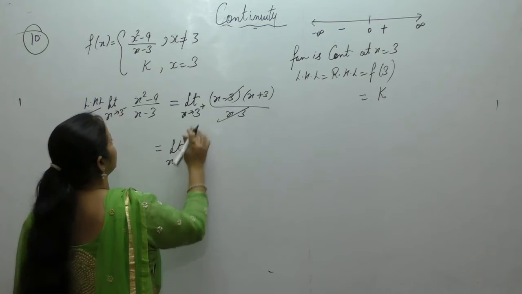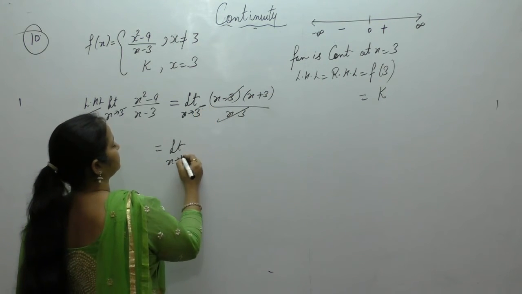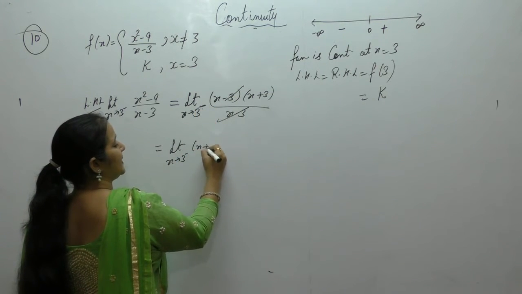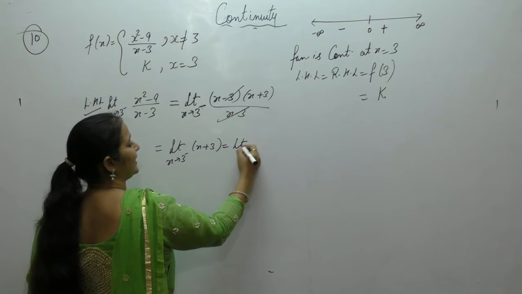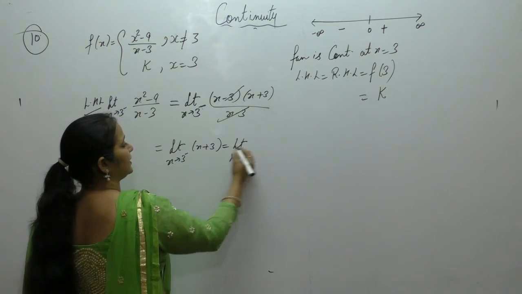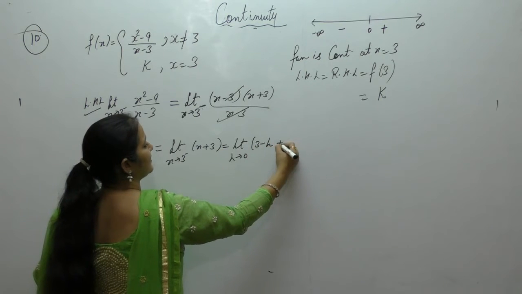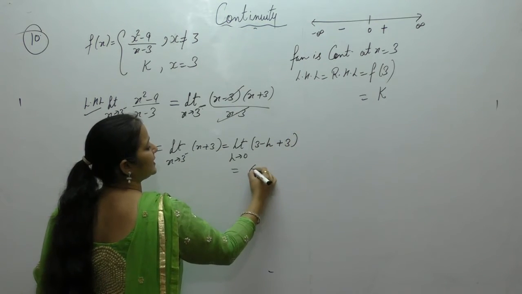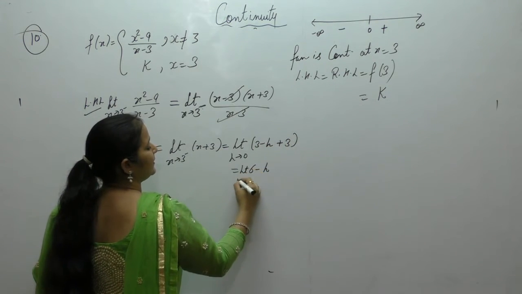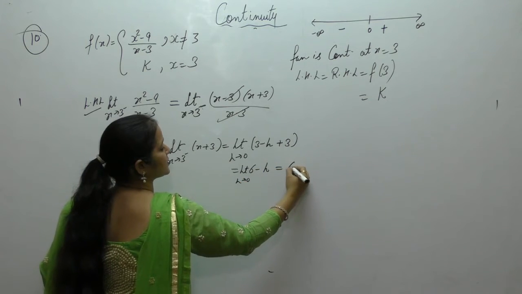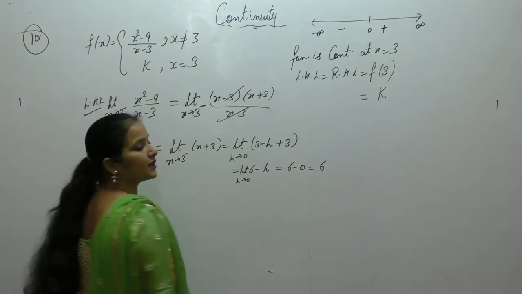So limit x tends to 3 negative is x plus 3. So we can write it as h tends to 0, 3 minus h instead of x, 3 minus h plus 3, 6 minus h, limit h tends to 0. So 6 minus 0, 6.